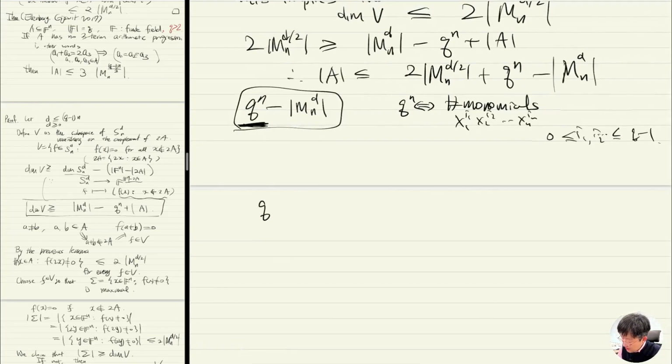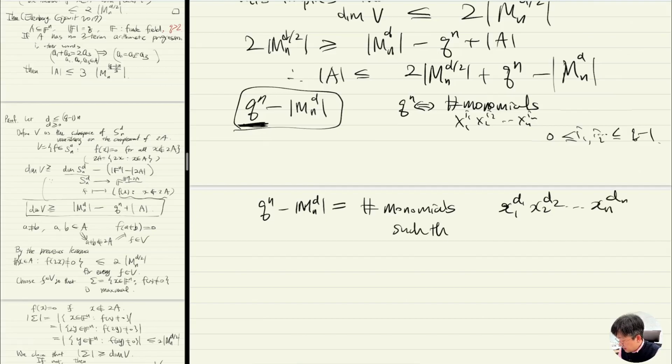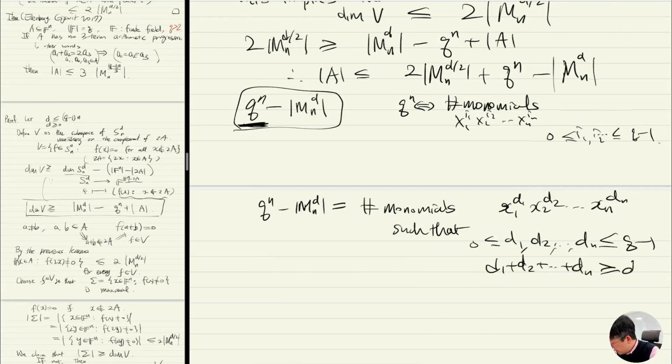So q to the n minus m_d is the number of monomials x1 to the d1, x2 to the d2, up to xn to the dn, such that d1, d2, dn are at most q minus 1 and their sum is at least d plus 1.